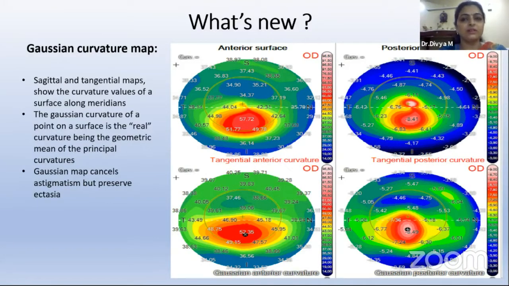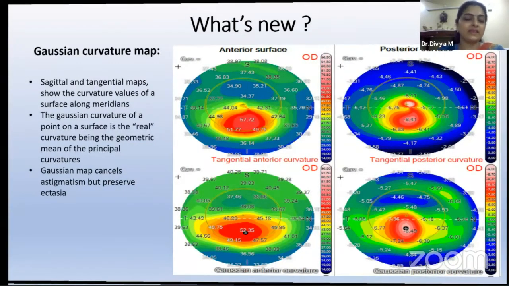So Gaussian curvature of a point on a surface is the real curvature, and it represents an intrinsic property of the surface. It is just the product of the steepest and the flattest local curvature at each point. So it is able to precisely locate the corneal apex objectively, and it also negates any astigmatism and projects ectasia for us.